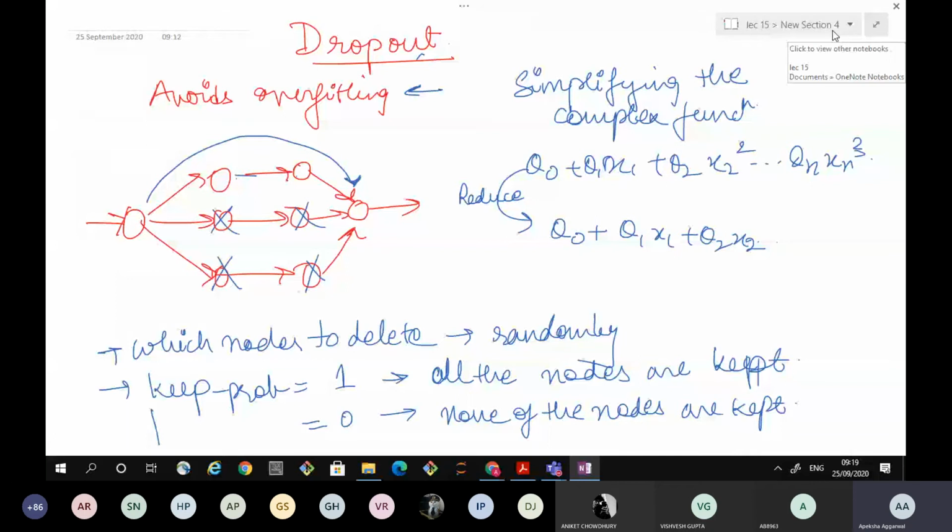So we have seen 3 methods. The first method was to delete the number of features which may be redundant, which may be correlated, where you can use dimensionality reduction and other methods to remove the features. So the feature set should be reduced.